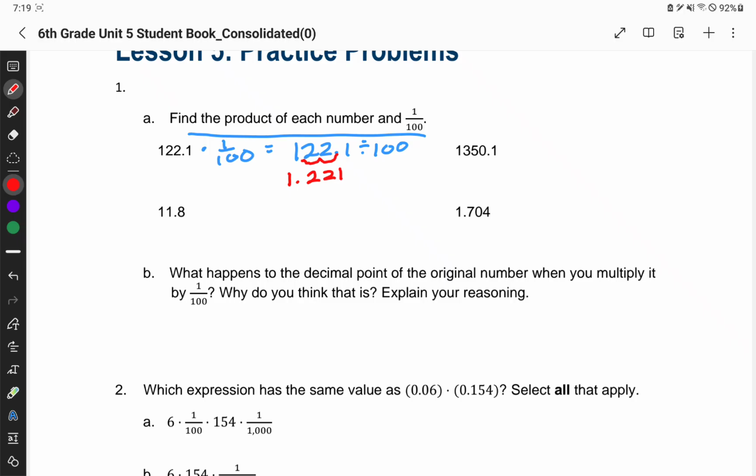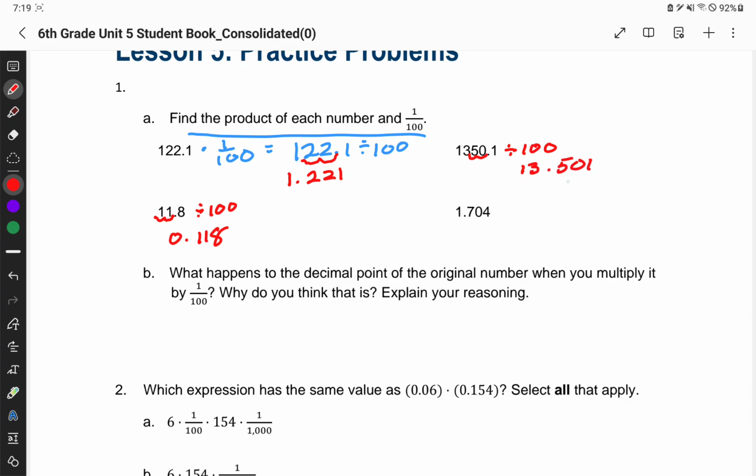So this would be divide by 100. So 0.118. Divide by 100. So 13.501.